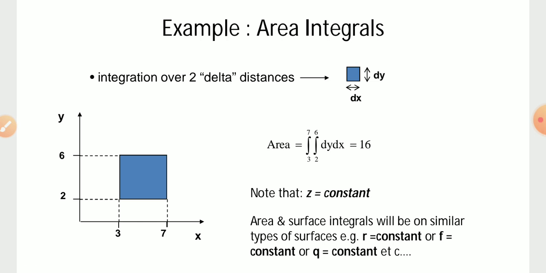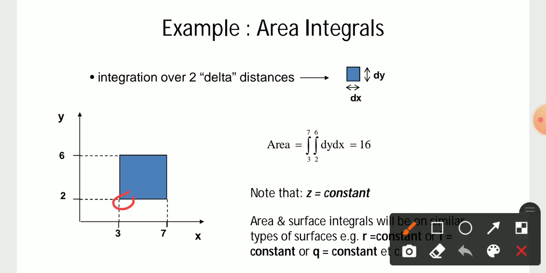Let's consider the blue section. We are interested in identifying the area behind it, so you have to identify what kind of length variation is required there. Here there is variation in the x axis and also the y axis, so the integration will be in the form of dy and dx. For y the variation is from 2 to 6, so it is written here from 2 to 6.